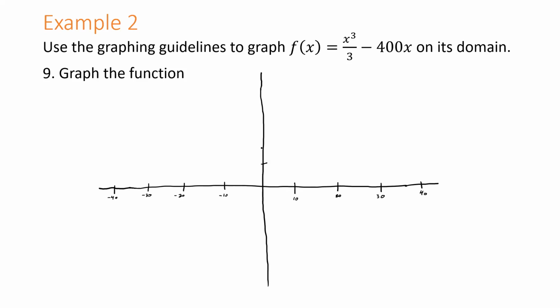It's like 1,000, 2,000, 3,000, 4,000, 5,000. Same thing on the negative side.